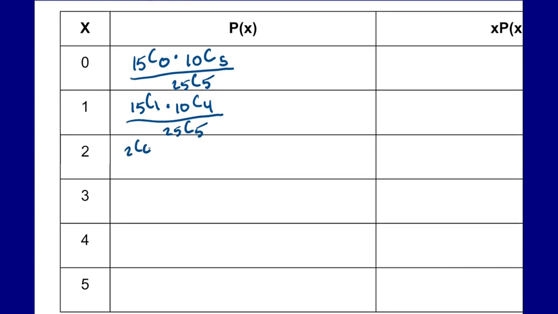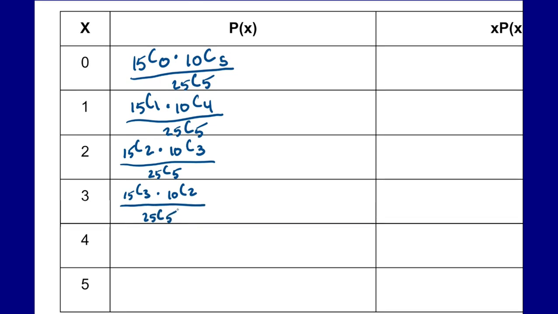Next one, 15 with licenses, choosing 2 of them, times 10 without, choosing 3 of them, all divided by 25 in total, choosing 5. Then 15 choose 3, times 10 choose 2, over 25 choose 5.